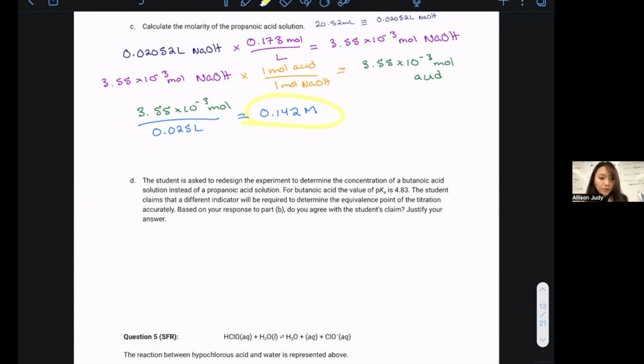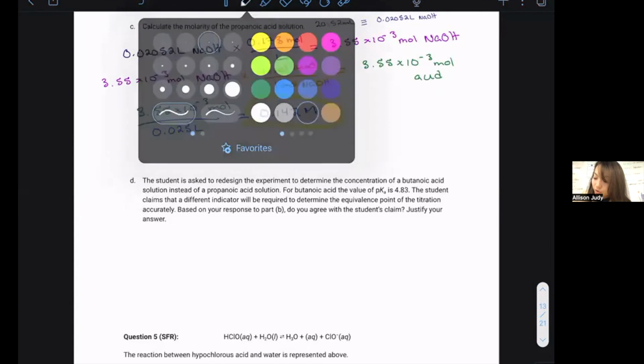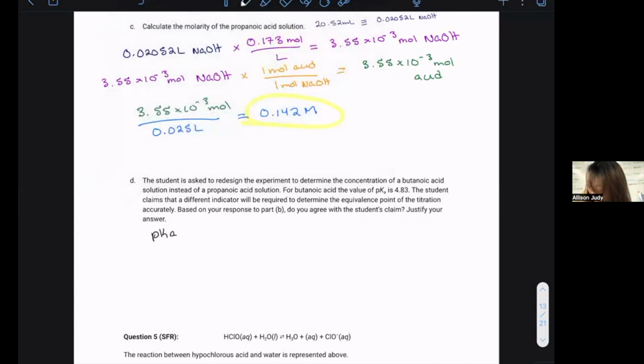Okay, so first of all, we need to consider that they gave us pKa. When you look at pKa, you need to remember that the higher the pKa, the worse the acid. So that's something that you want to keep in mind. So when you look at R2, we're comparing propanoic versus butanoic acid, and you're given pKa.